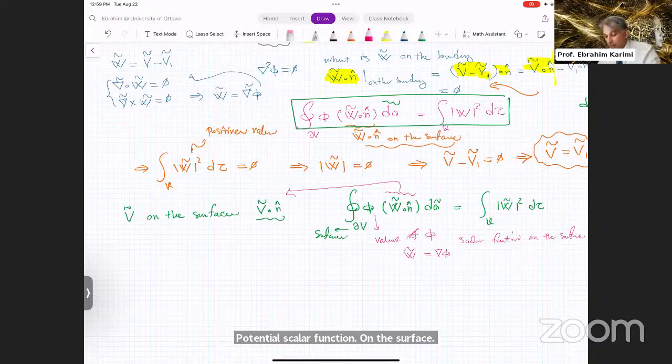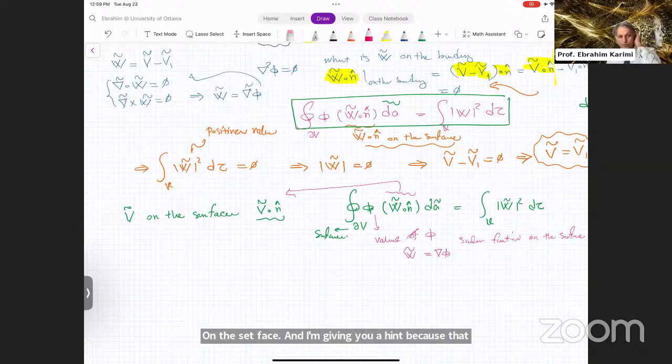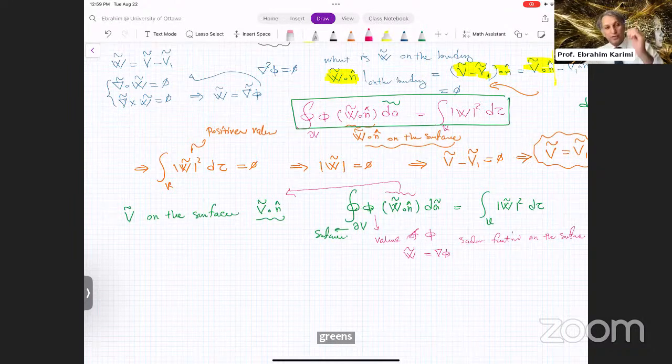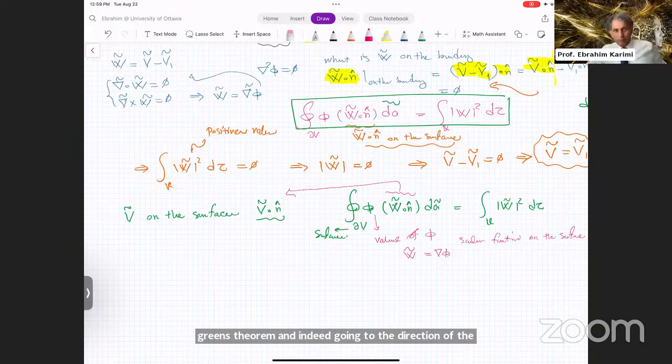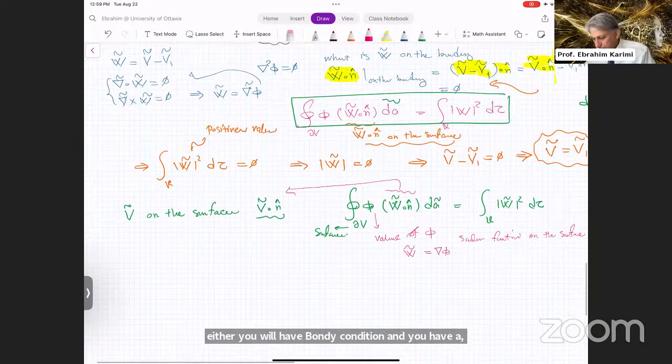I'm giving you a hint because that is very important, and that goes in the direction of Green's theorem, and indeed either you will have a Dirichlet boundary condition or a Neumann boundary condition. We will discuss that later on.